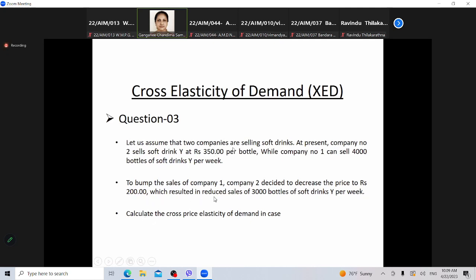Company 1 and 2 decide to decrease the price; company 2 decreases the price. Every time company 2 is attached with price, company 1 with quantity. A change in one company's price changes the quantity demanded of another company's same good.